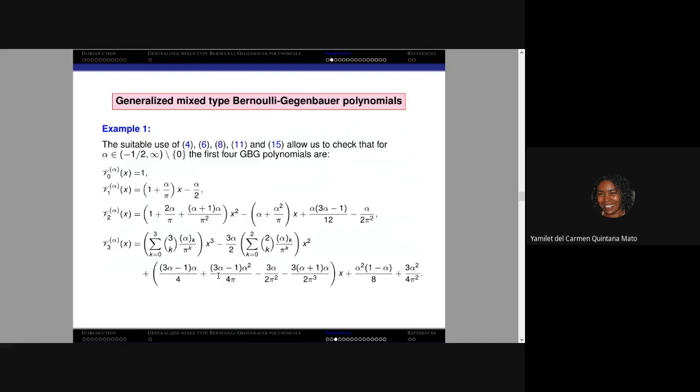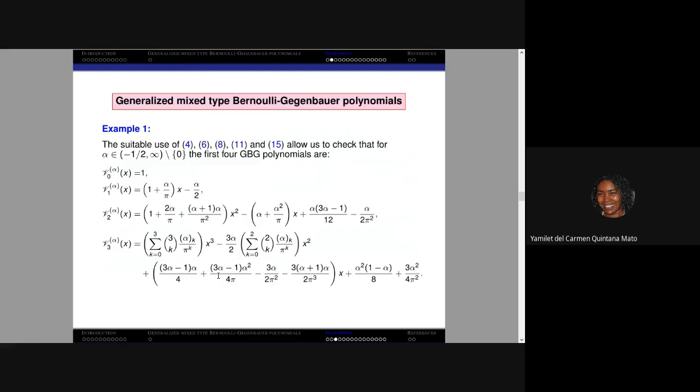Notice that in a similar way to the case of generalized Bernoulli polynomials, in this case another family of polynomials also appears when we consider the parameter alpha.